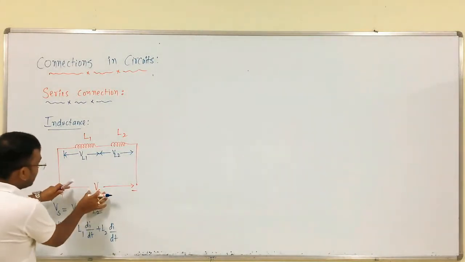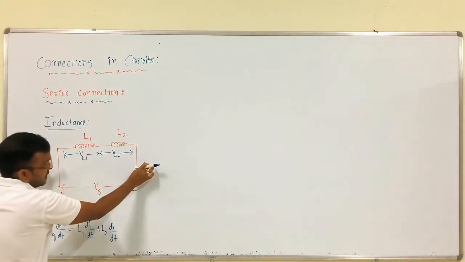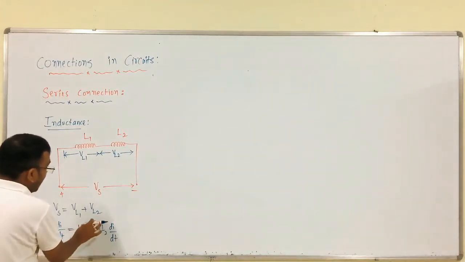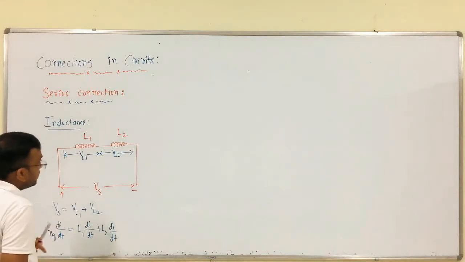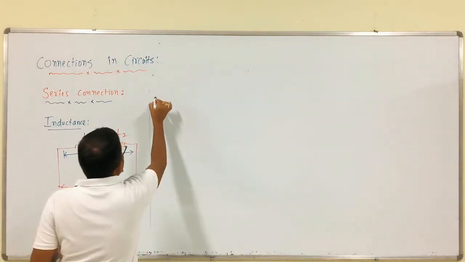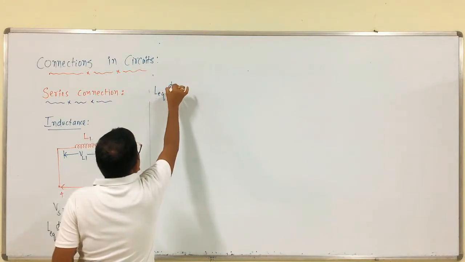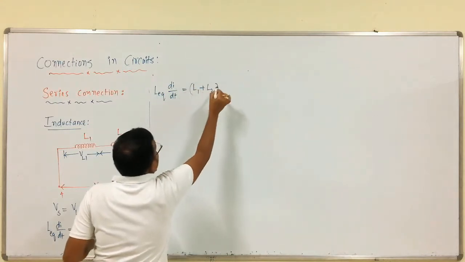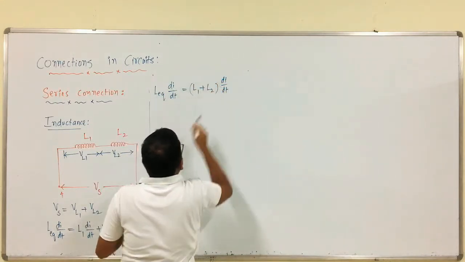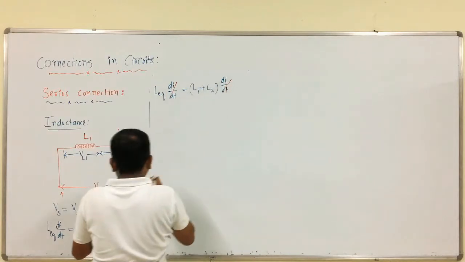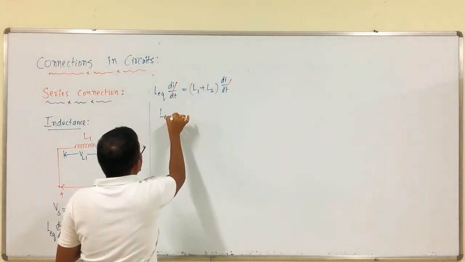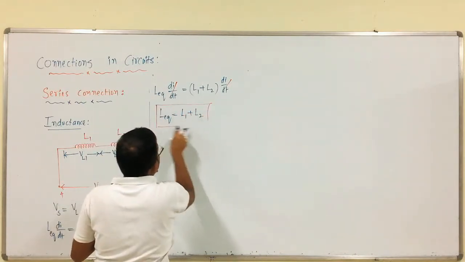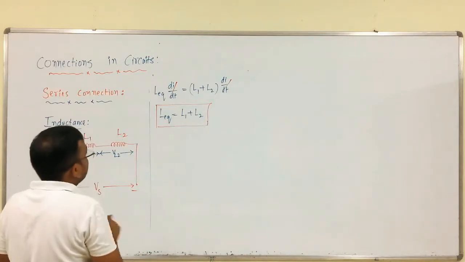From this, L equivalent di by dt is equal to (L1 plus L2) di by dt. Therefore, di by dt gets cancelled, and L equivalent is equal to L1 plus L2.